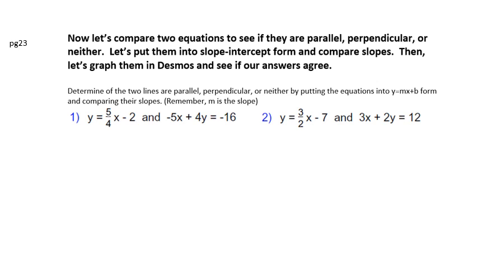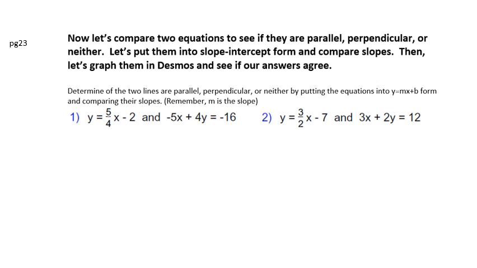But here we will be on page 23. And what we're going to be doing, and we'll be showing you the Desmos part of this when we come back together, but I just want to show you the algebra part of this. We can look at two equations and see if their slopes are the same or are negative reciprocals or something else.